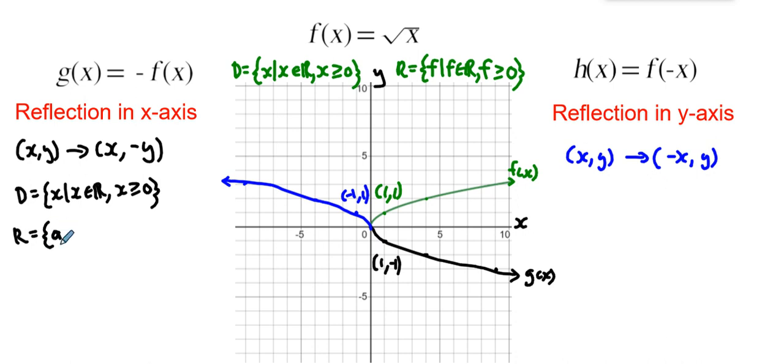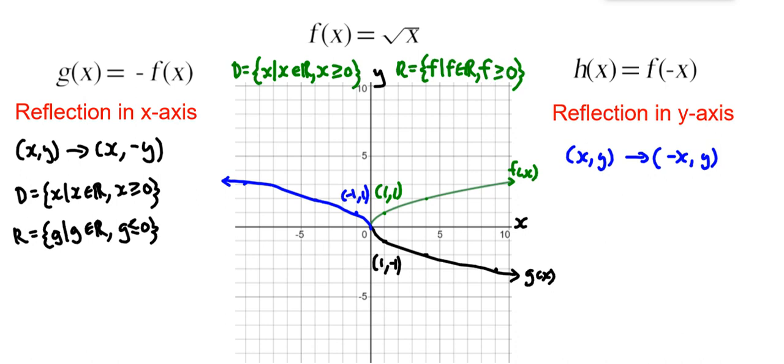Here we're dealing with g, so we'll say g such that g is an element of the real numbers. Before, our function constraint was that it had to be greater than or equal to 0; here now it has to be less than or equal to 0. So we'll notice that the reflection in the x-axis, the negative out front of the function, flips the inequality on the range.